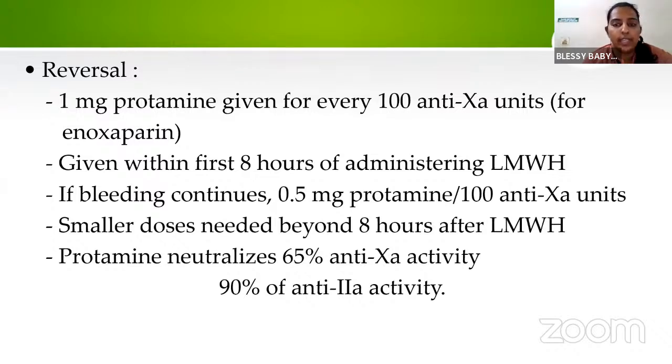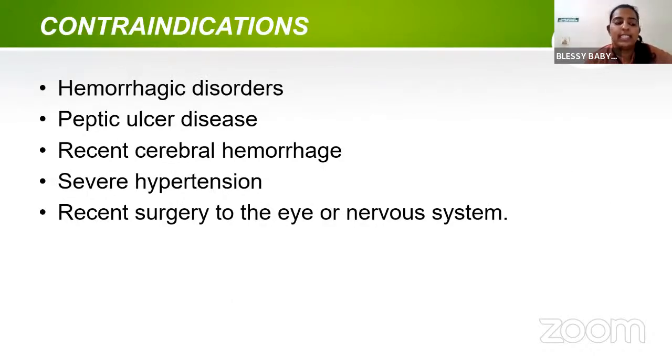Smaller doses are needed beyond 8 hours after low molecular weight heparin. As I already mentioned, reversal is partial. It indicates that protamine neutralizes 65% of anti-10A activity and 90% of anti-2A activity. Then contraindications, mainly hemorrhagic disorders, then peptic ulcer disease, recent cerebral hemorrhage, severe hypertension, and recent surgery to the eye or nervous system.